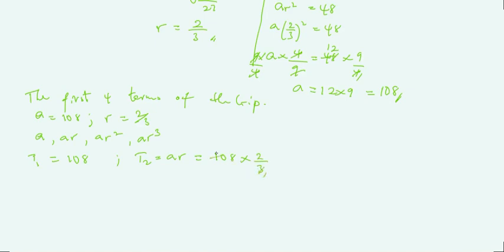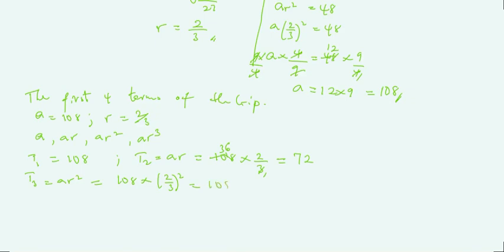So 3 into 18 you have 6. You have 36 times 2, which is 72. This is our second term. The third term, T3, equals ar square, which gives you 108 times r, which is 2 over 3, squared.